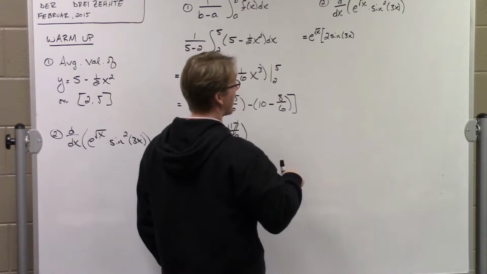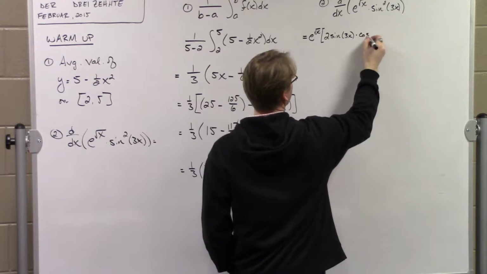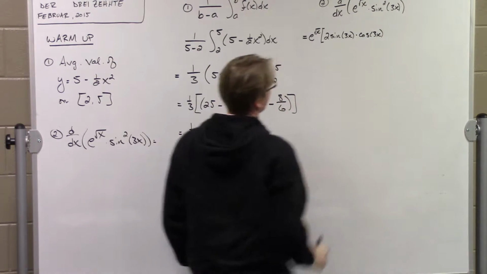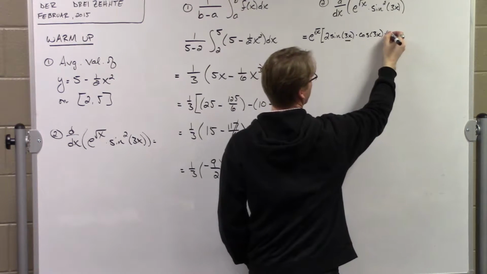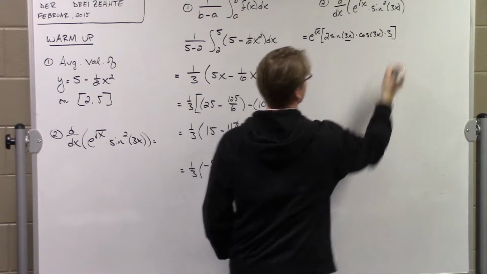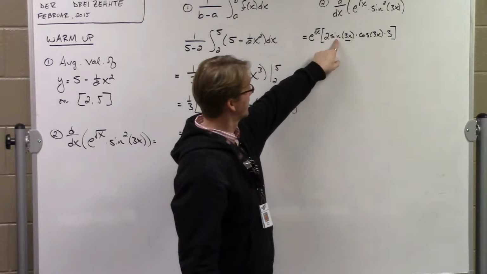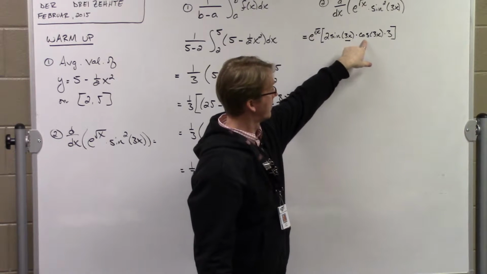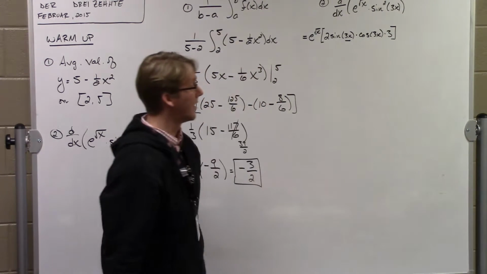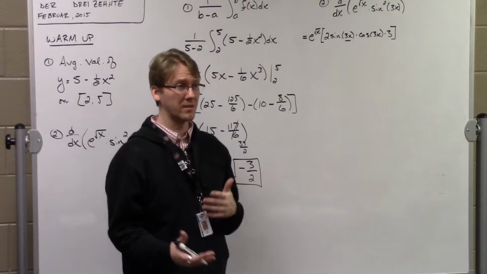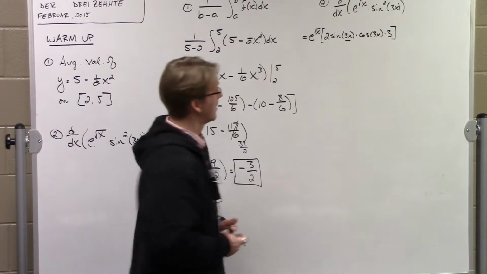Then we chain the sine with its derivative, which is cosine. Then we take the chain of what was inside of that and get an extra 3. This can happen ad nauseum, but I've never really seen them go more than 2 on the AP test. That's about as bad as it gets.